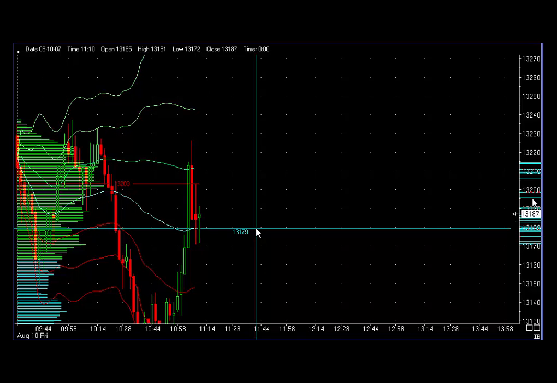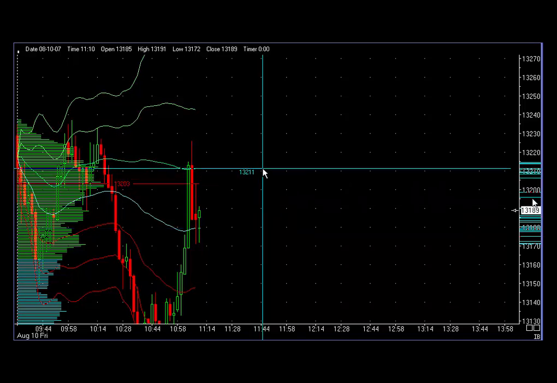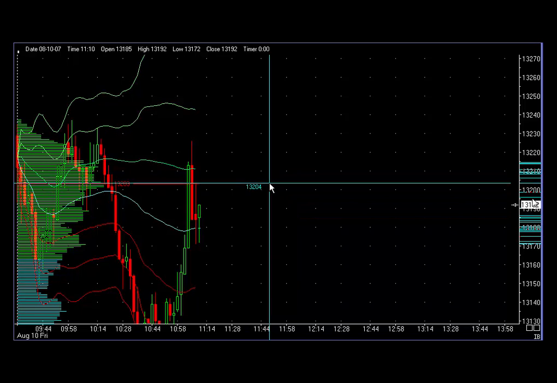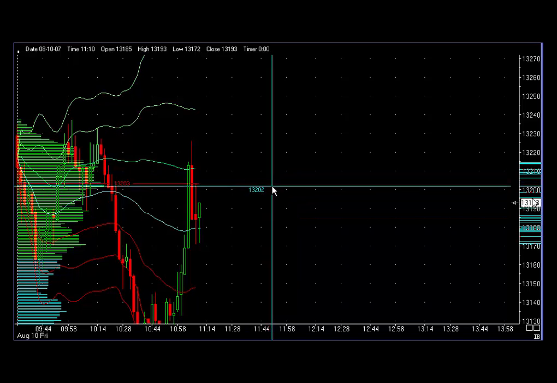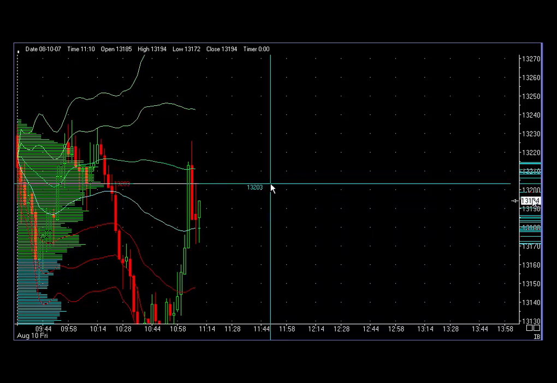Again, a scalper may be in this trade long, looking for prices to move back up to the first standard deviation. Peak volume price is still sitting at 13,203. That has not changed.